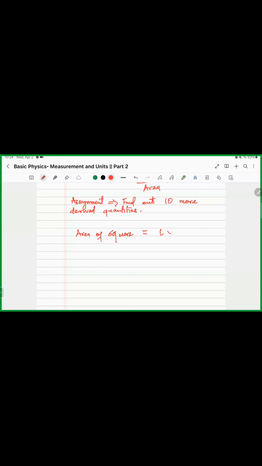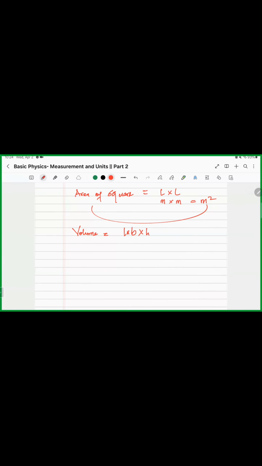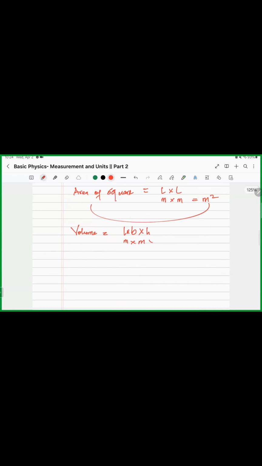We say that is length times length. The unit is meter times meter, which gives us meter square. So the area of a square has a unit of meter square. Same thing applies to volume. Volume is length times breadth times height. Meters times meters times meters, giving me meter cube. So the unit for that is meter cube.